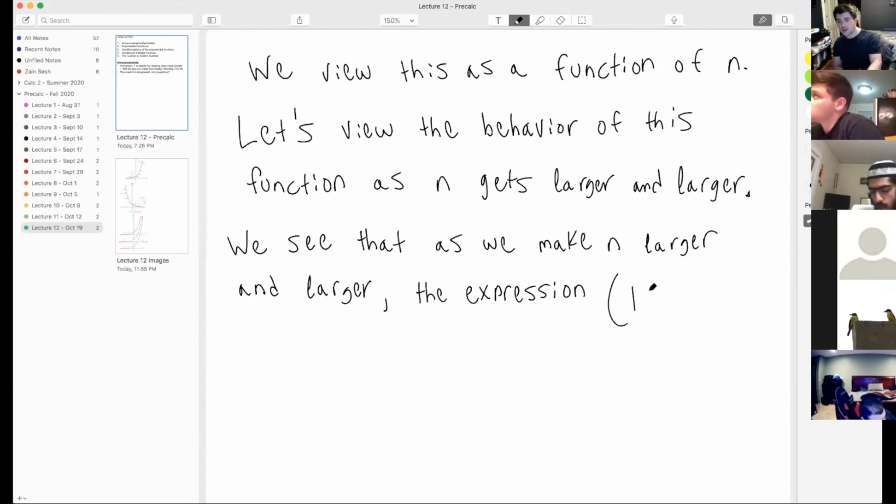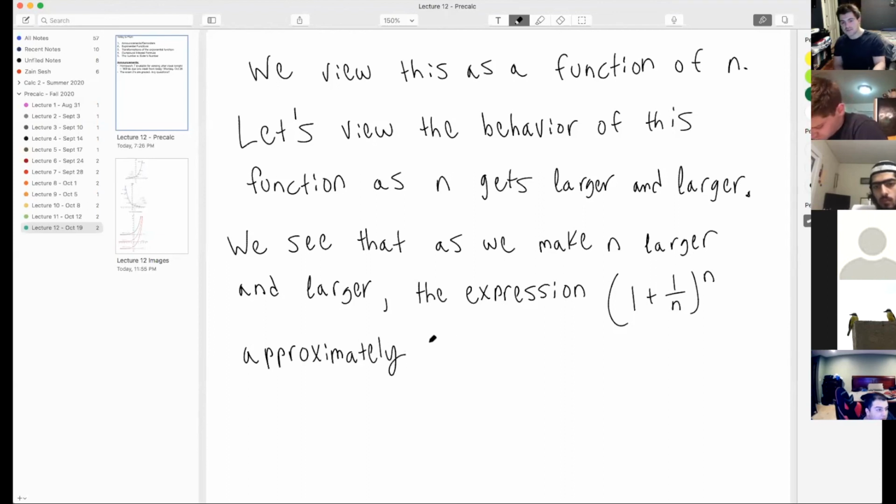It was this 1 plus 1 over n to the nth power thing. What's the end behavior of this guy when n gets really large? This expression approximately becomes 2.718 and so on. Remember from before, when I made the slider up to 5,000, you saw the number 2.718 coming out.